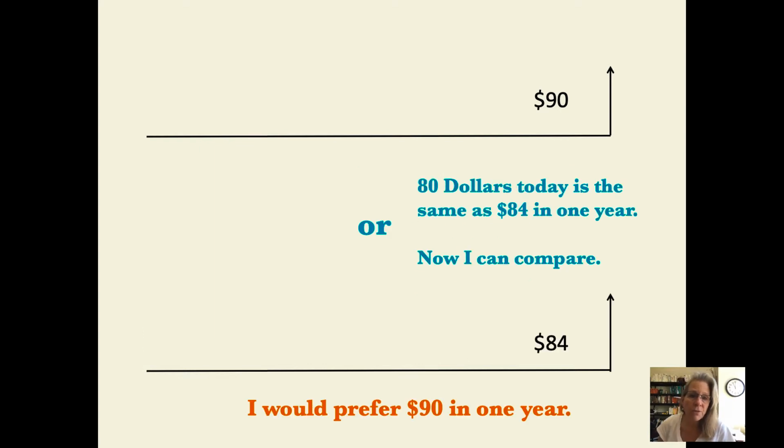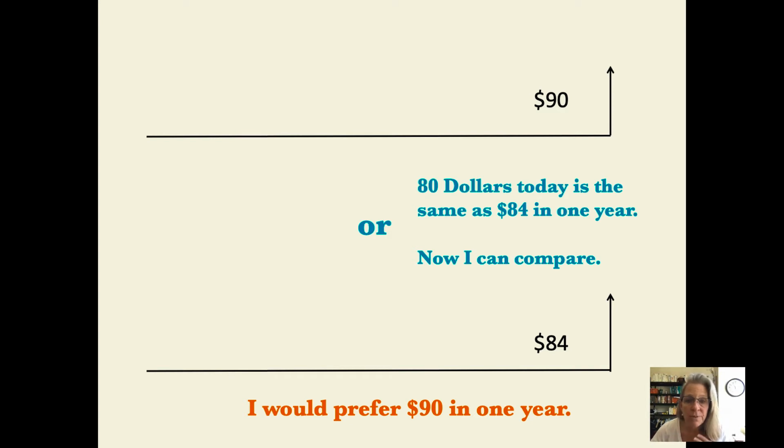So now the cash flow looks like this. $80 today is the same as $84 in 1 year, and now I can compare them. It's clear that I would prefer to have $90 in 1 year as opposed to $84 in 1 year, which means we would prefer $90 in 1 year as opposed to $80 now. That would be our preference.